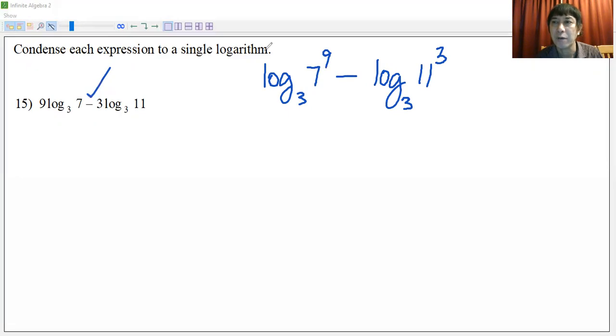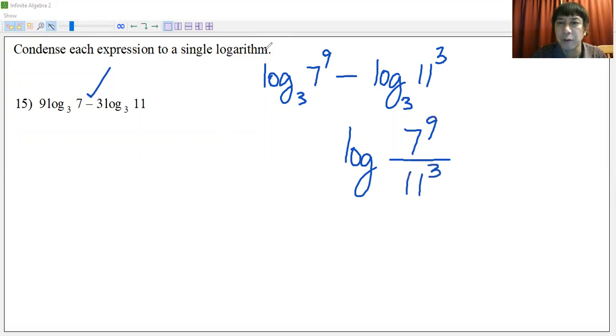Now we can compress this to one single logarithm: the logarithm of 7 to the 9 over 11 to the 3. Both of these are coming from base 3, so this must be base 3 there.